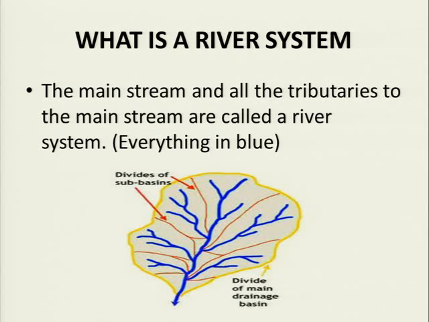If you look at this picture, you will see that the drainage basin is everything in between the yellow lines, whereas the river system is only the parts that are in blue. So, it's only the water parts. In other words, guys, the drainage basin consists of the tributaries, the main river, the interfluves, the watershed, whereas the river system only contains the water parts, so the main stream and the tributaries.